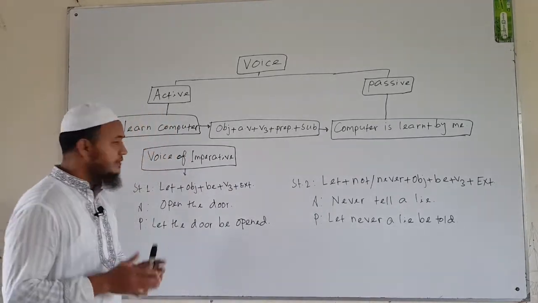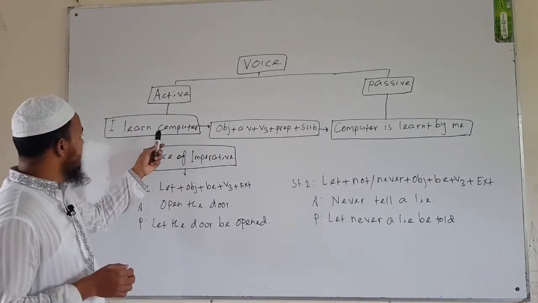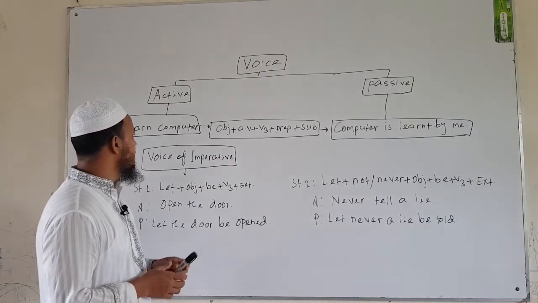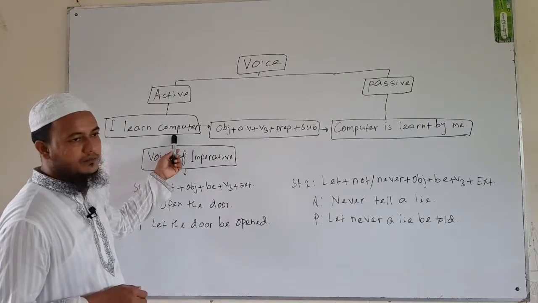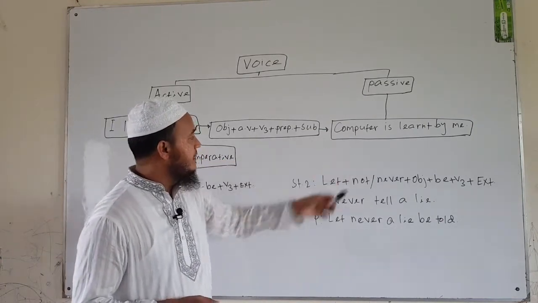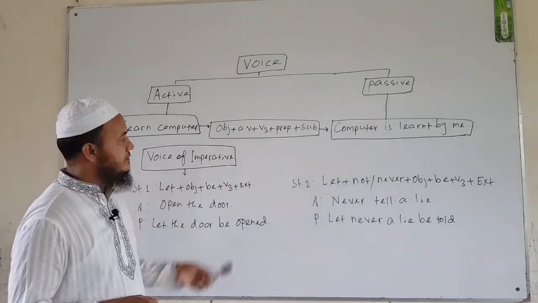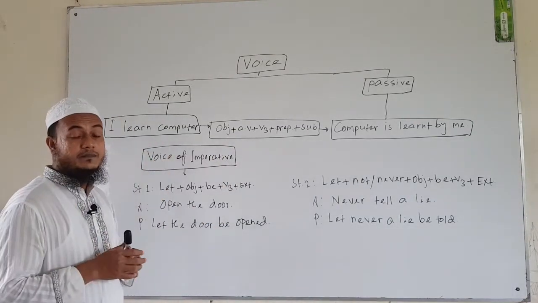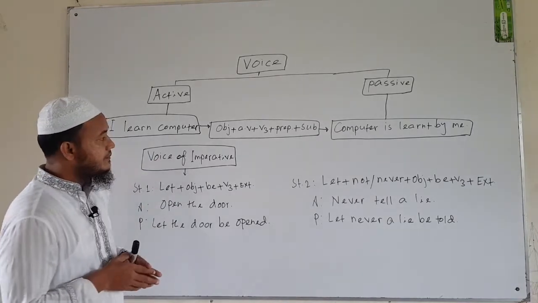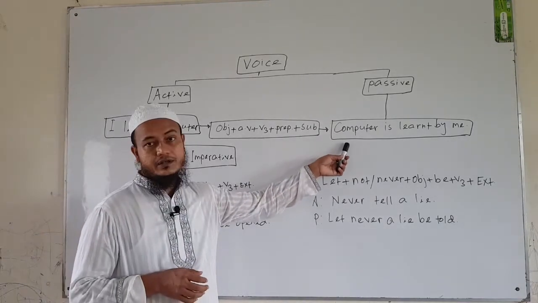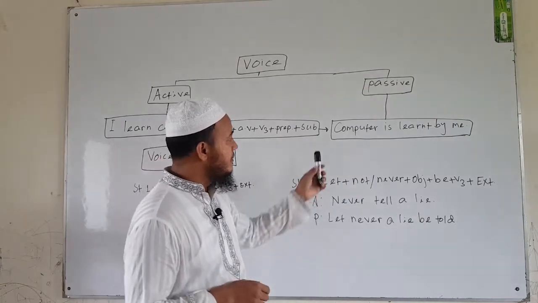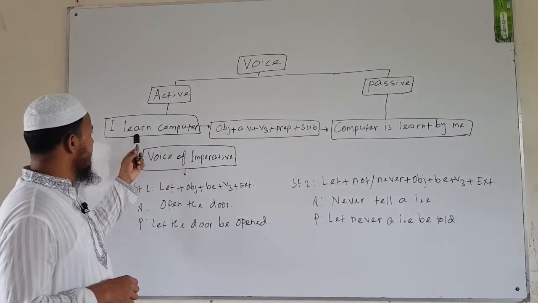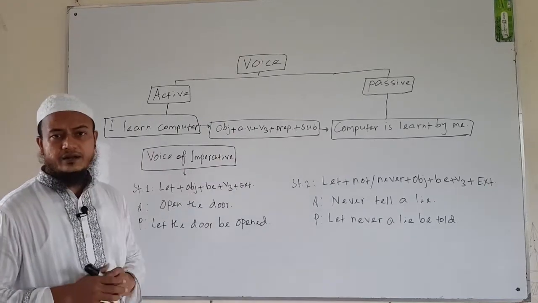So if you want to change this active voice sentence, I learn computer, into passive, how can you change it? At first you have to take the object. So what is the object here? Computer. So computer, okay. And then AV means auxiliary verb. As this is present indefinite tense, you will have to use is, because computer is third person singular number, okay. So computer is, and what is the main verb here? Learn, and B3 of learn is learned, all right.